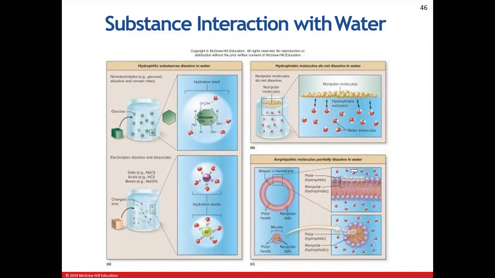This is where we're going to see a lot of water. This is also where we're going to see a lot of water. And this is where we don't see much water. Again, water-fearing, water-loving, okay? And so this is kind of the structure of our phospholipid bilayer and how we see amphipathic structures that are both water-loving and water-fearing, okay?